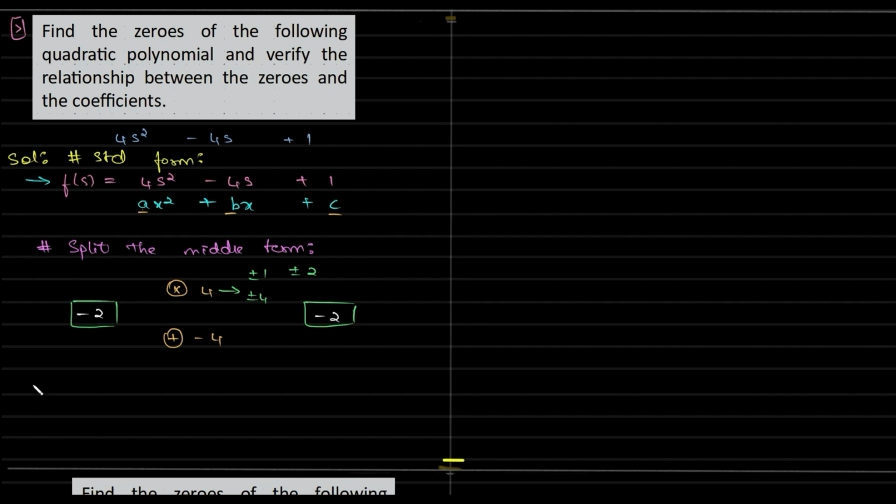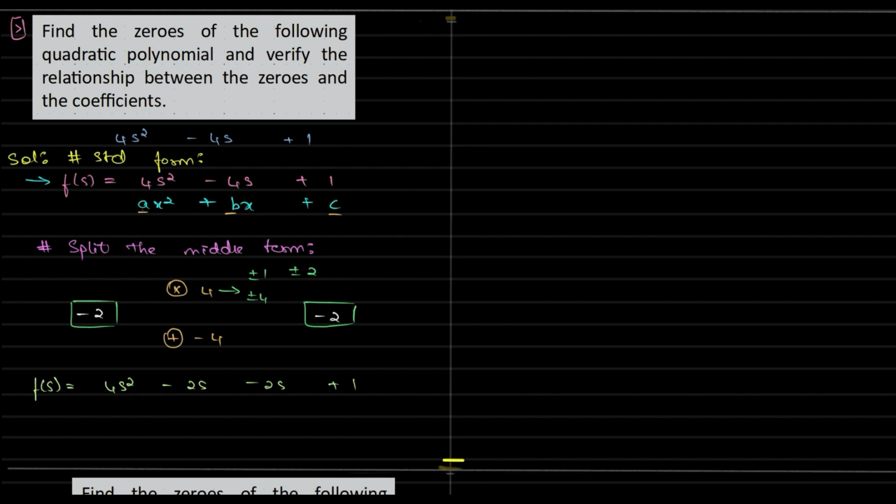We just have to write it now. F of s is equal to 4s square minus 2s minus 2s plus 1. See, we have split the middle term. Literally we have split it, is it not? Minus 4s, we can rewrite as minus 2s and minus 2s. That's why the heading, splitting the middle term.